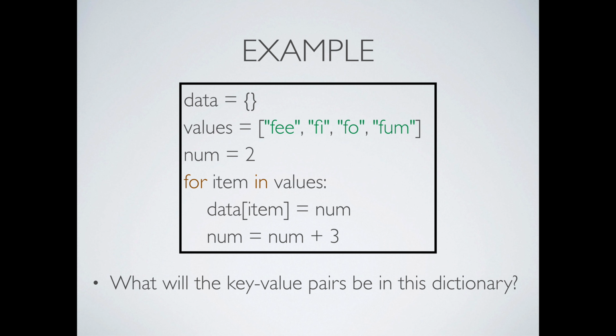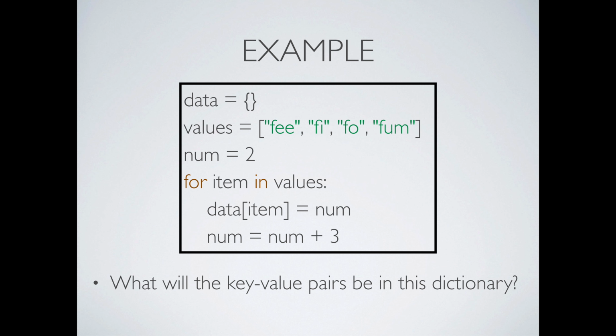So we're saying data square bracket item equals num. So item is fee. This line of code, data square bracket item equals num, is how we add a key value pair into our dictionary data. So the key in this case is item, which is fee, and the value is num, which is 2.